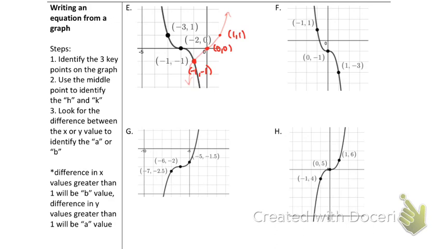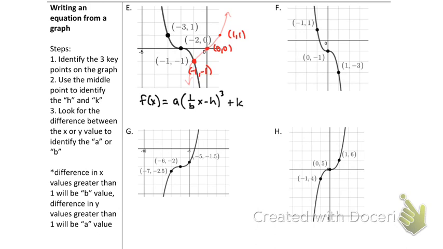The next thing I want to make sure we understand is this idea. Our equation should be in this format. It should be A times 1 over B times x minus h, because it's a cubic, we have a power of 3, and then we're going to add a k at the end.